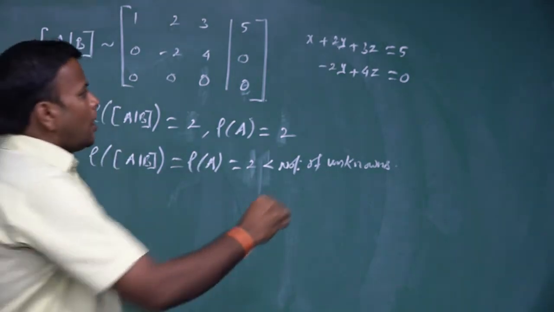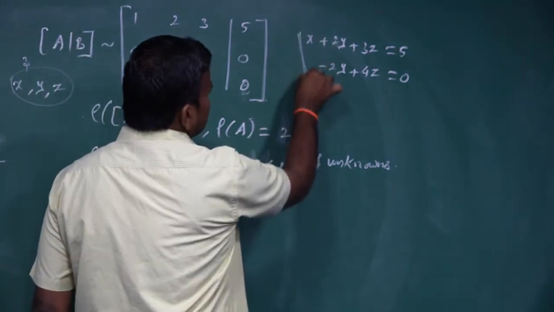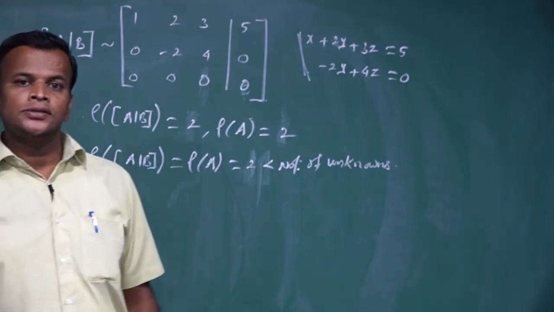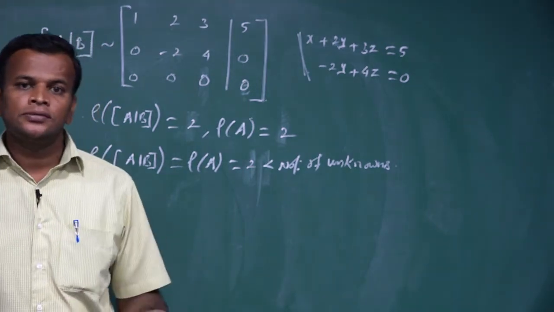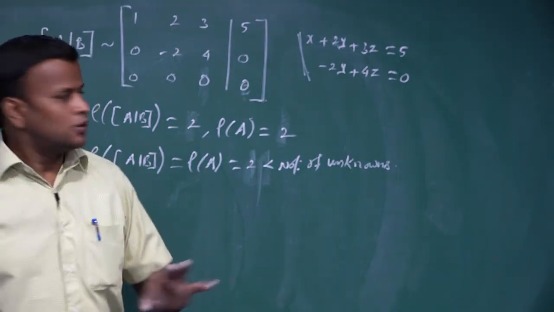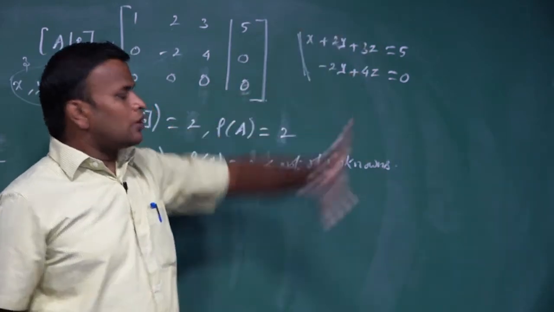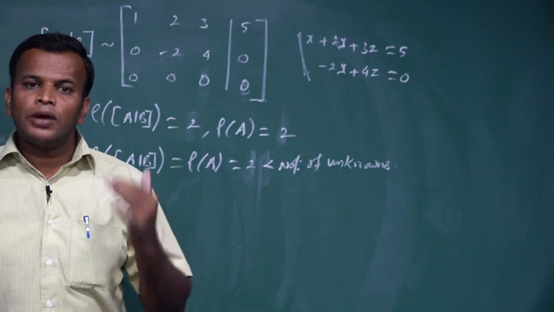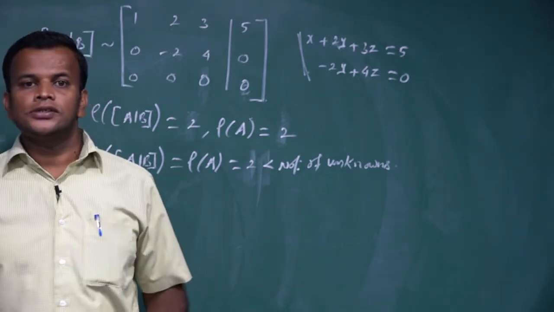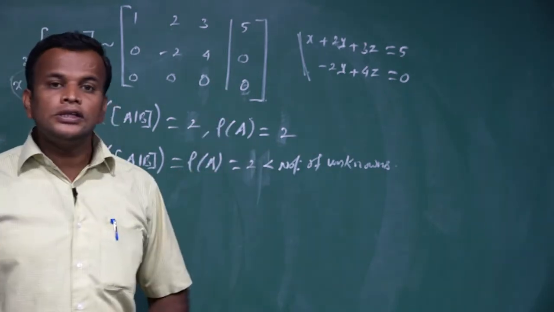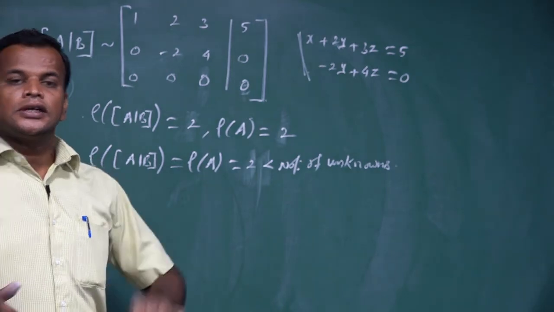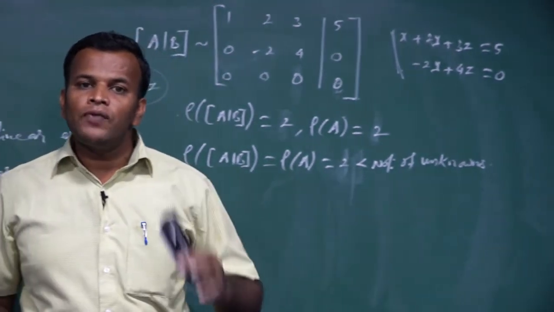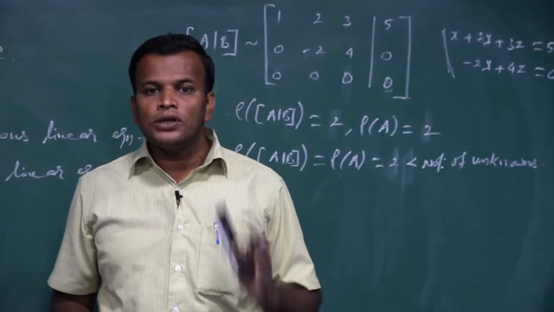Now you see how many equations there are. There will be 2 equations. How many unknowns? Unknowns means x, y, z. 3 unknowns. 2 equations and 3 unknowns. We can't solve directly. If there are 3 unknowns, we must have 3 equations. So in this case, the given system is consistent and the system has infinitely many solutions. It's not one solution.